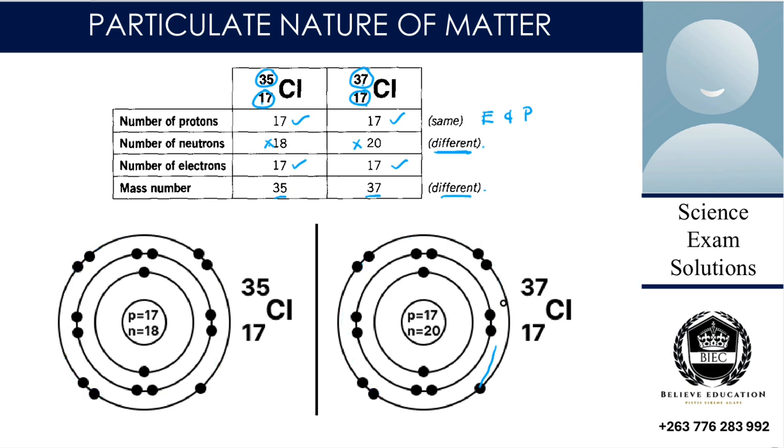Why? It's because they have the same number of electrons or the same number of protons. What differs is that one has 18 and the other 20 neutrons. That difference is what causes the differences in masses.